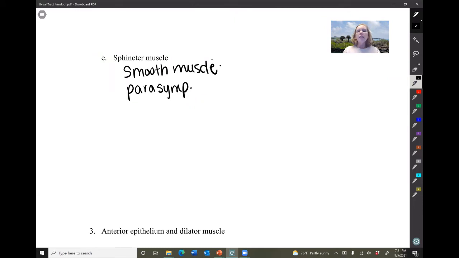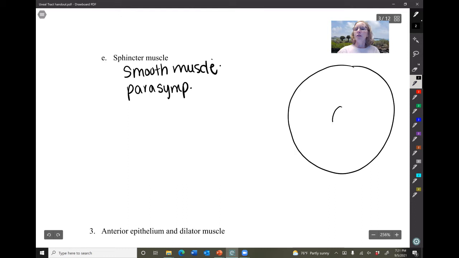The fibers of the sphincter muscle encircle the pupil circumferentially. So again, if we are looking at the iris straight on, and here's the pupil, our sphincter is going to have fibers that circle the pupil.